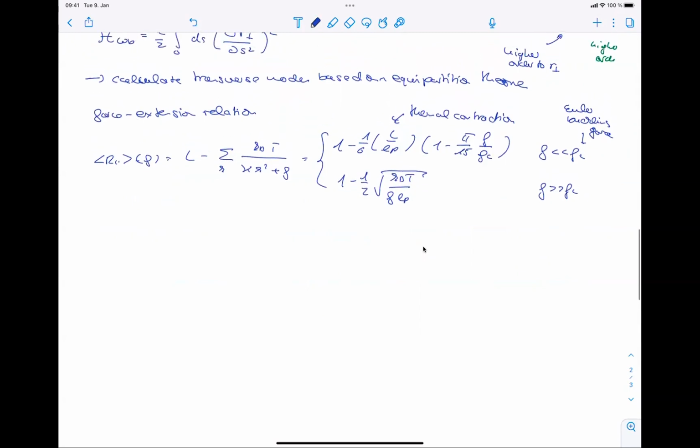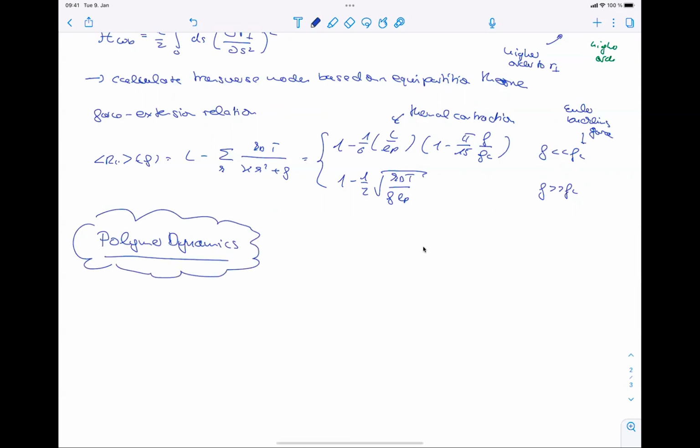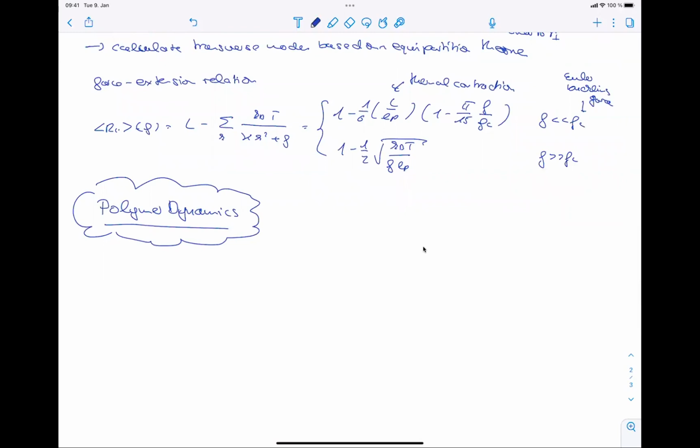And so to give you a small glimpse of what kind of methods are out there, I'm going to devote today's class to the topic of polymer dynamics. And so I'm going to use tools that will be introduced in a formal way in stochastic processes, which will be happening in the summer.